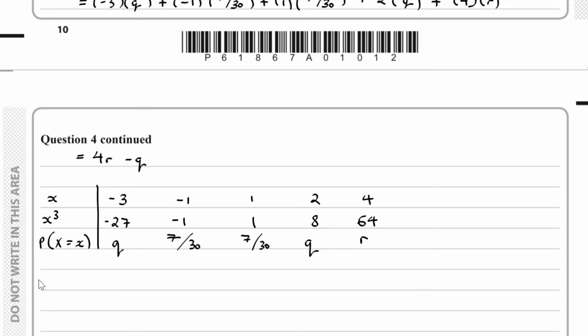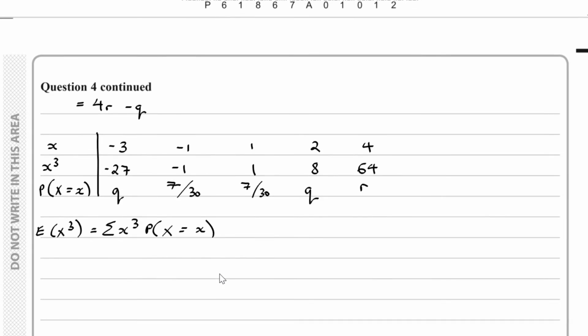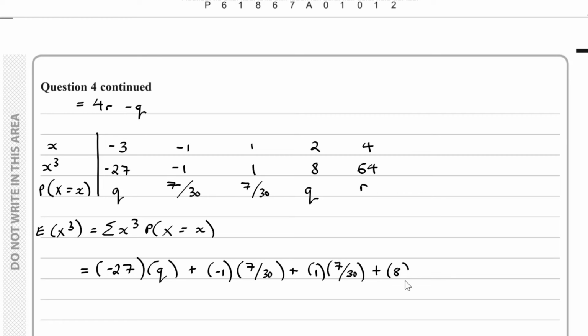So the expected value of x cubed is equal to the sum of the x cubes times the probability that X is equal to x. So we have minus 27 times q plus minus 1 times 7 over 30 plus 1 lots of 7 over 30 plus 8 lots of q plus 64 times r.